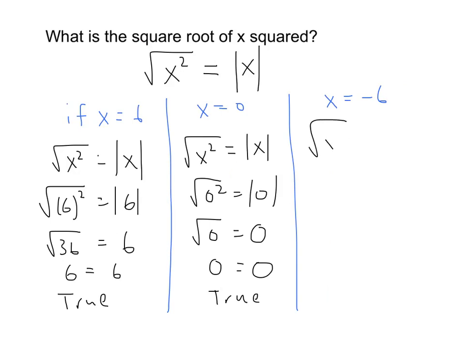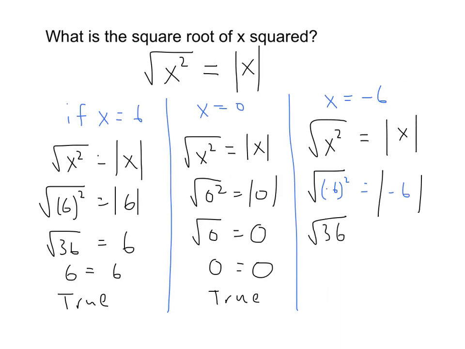Is the square root of negative 6 squared equal to the absolute value of negative 6? Well, negative 6 squared is 36, so we have the square root of 36, and on the right-hand side the absolute value of negative 6 is 6. The square root of 36 is 6, so 6 equals 6.